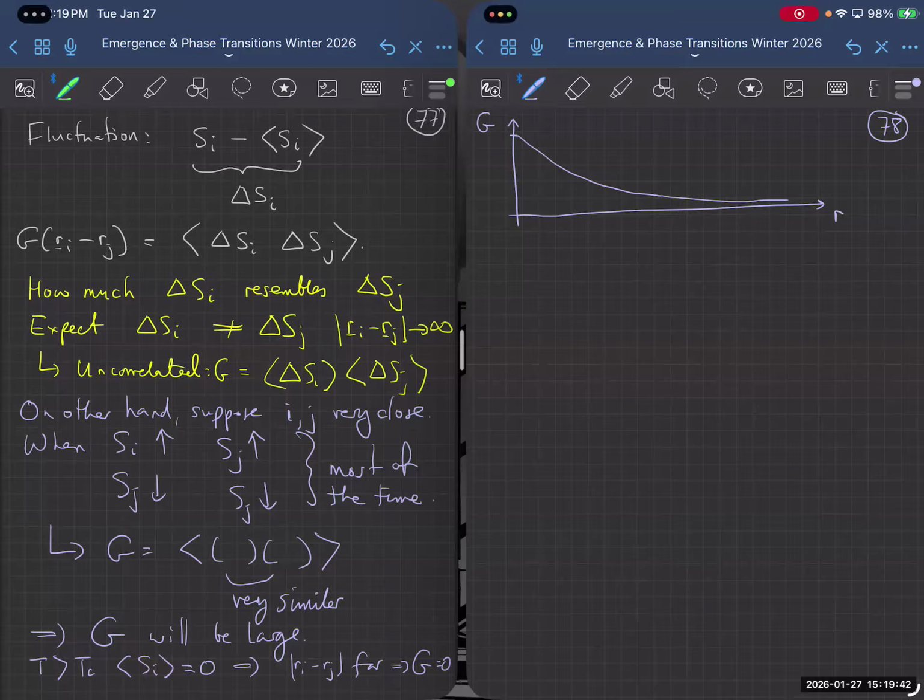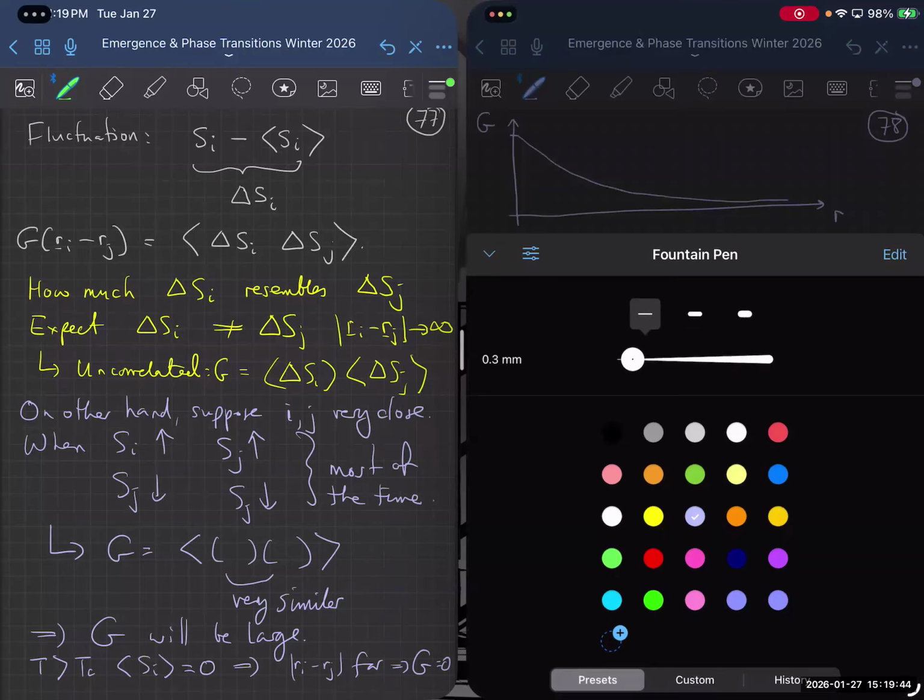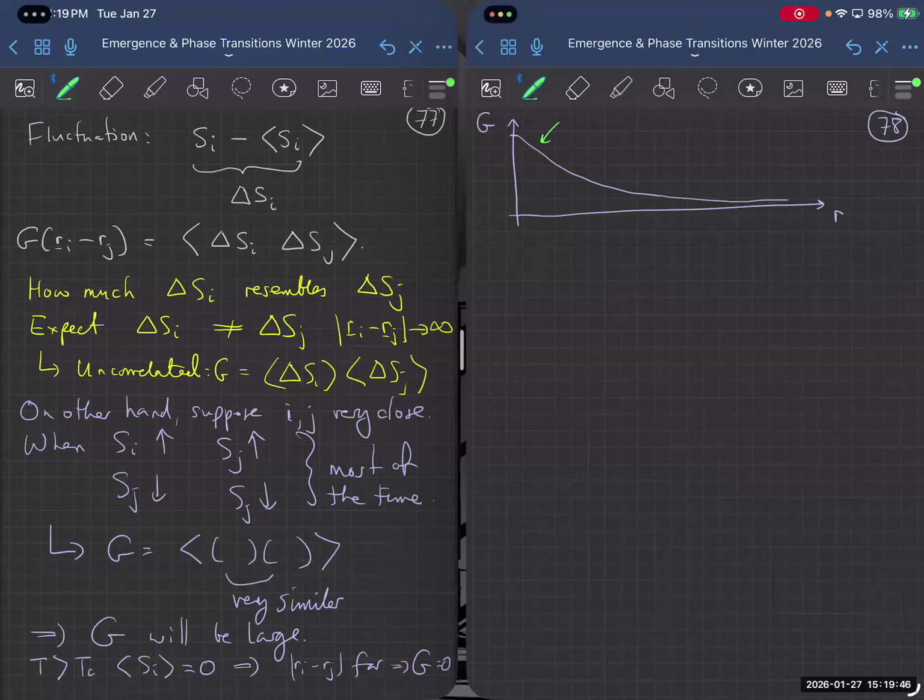If they're very close together, they're highly correlated. Uncorrelated, far apart. So that's our picture of what G would look like.